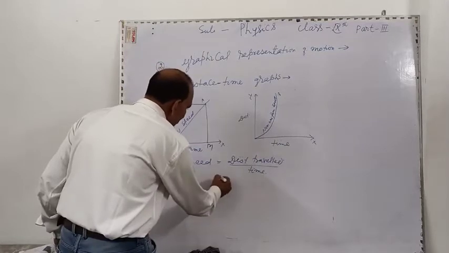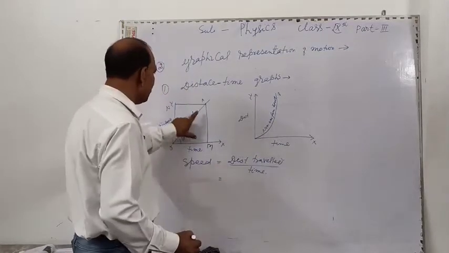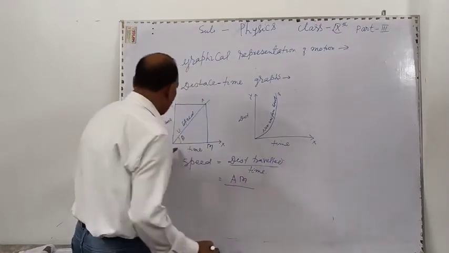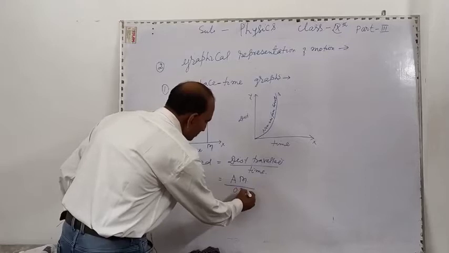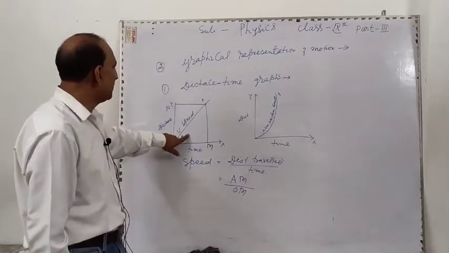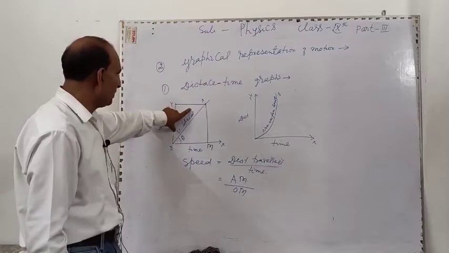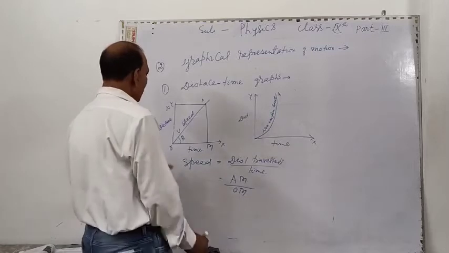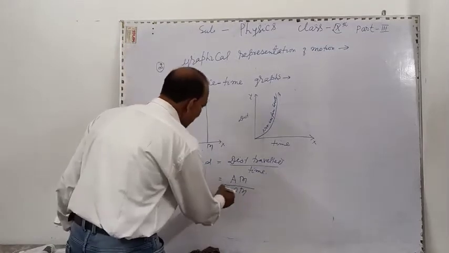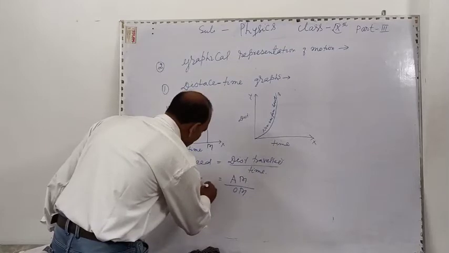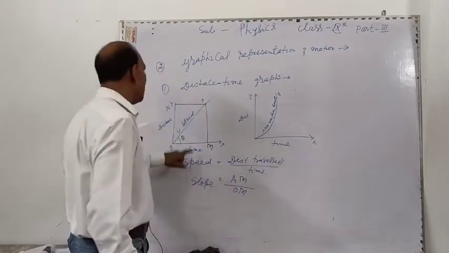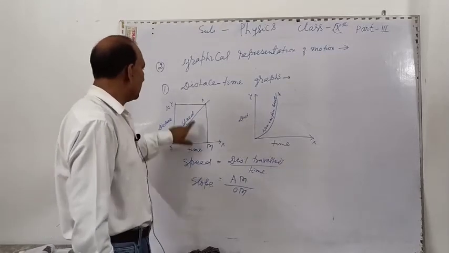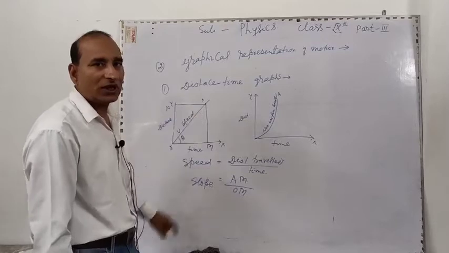Therefore, speed is equal to distance traveled AM by time taken OM, which is the slope or gradient of the line OA, which makes an angle theta, and the tangent of the angle of inclination is called slope, that is slope of the line AM by OM, which gives the uniform speed of a moving object from the graph.